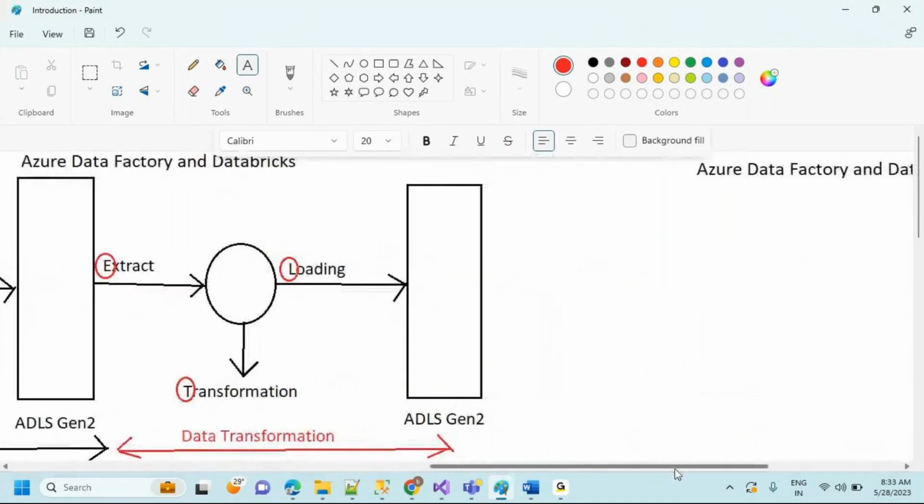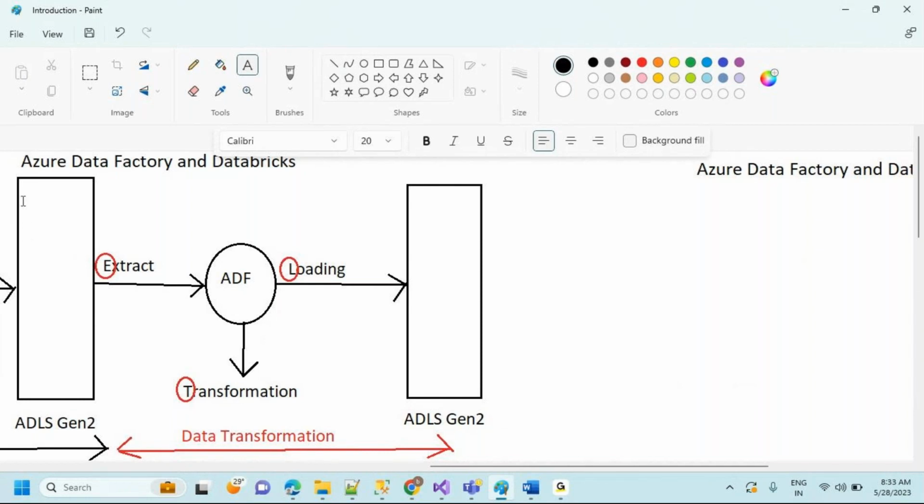So in the second stage, we are going to do the transformation with the same Azure Data Factory, ADF.